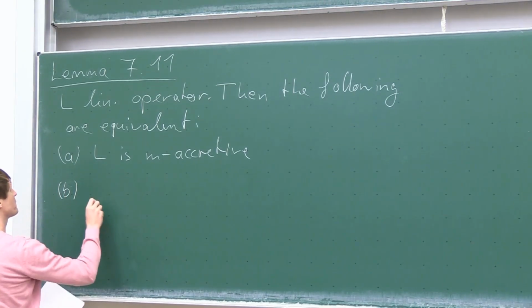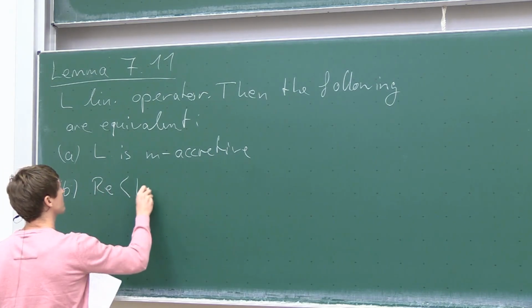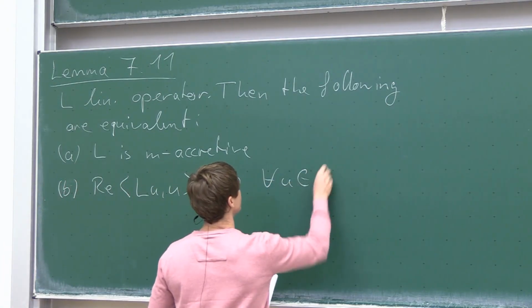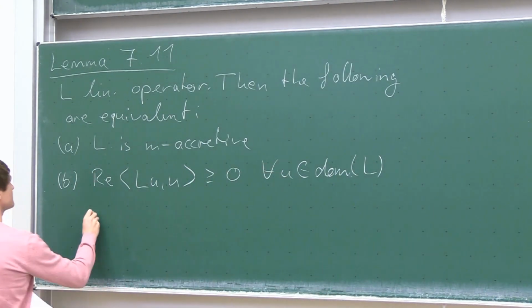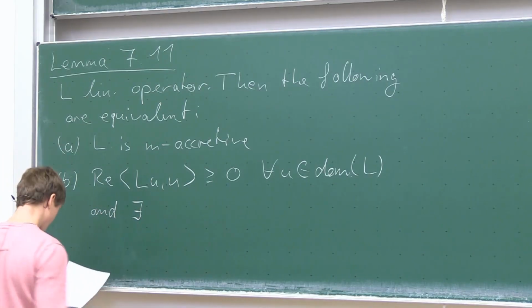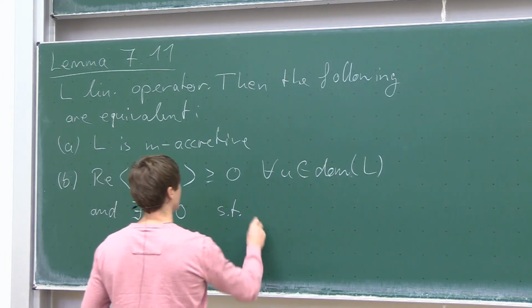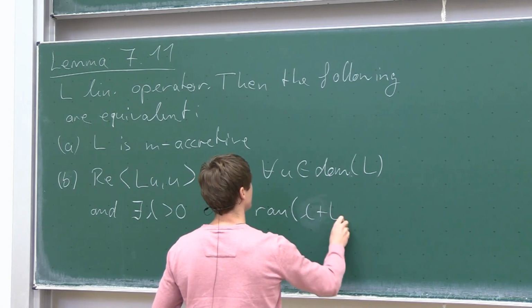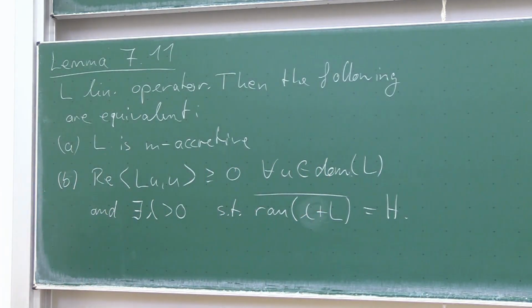Namely, the m-accretivity is equivalent to the fact that the real part of the inner product of Lu with u is always non-negative for all elements u in the domain of L, and to the fact that there exists some constant lambda greater than 0 such that the range of the operator lambda plus L is dense in the Hilbert space H. All right, and these two properties here, they are equivalent.